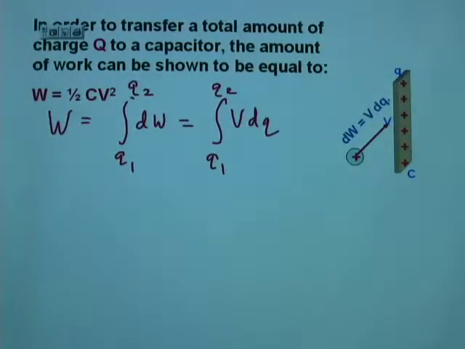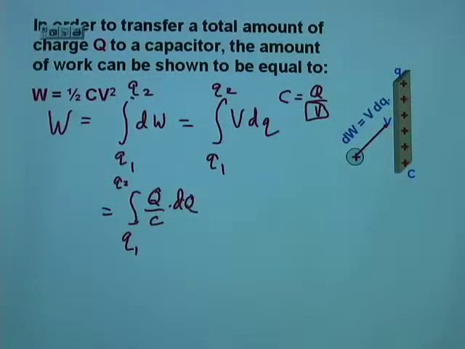Well, you know that C equals Q over V. That means V can be written as Q over C. So that will be the integral from Q1 to Q2, where we replace V by Q over C, dQ. And 1 over C is a constant.